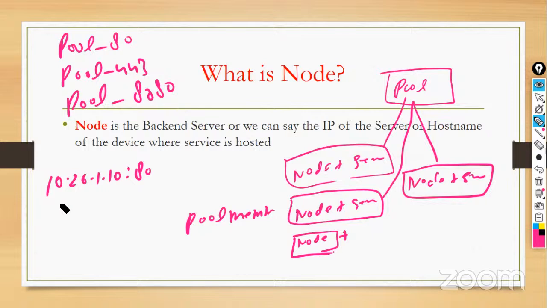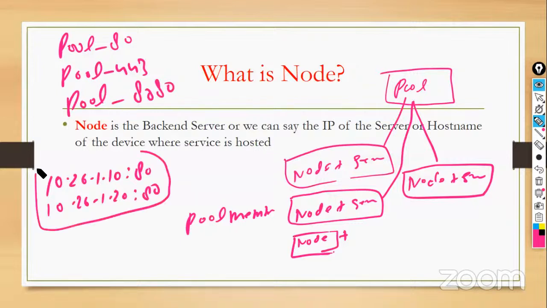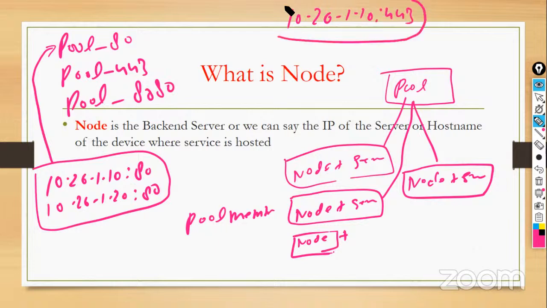And 10.26.1.20 with port 80, right? So these two pool members may be part of this pool. But we have the same server 10.26.1.10 with the 443 service, right?